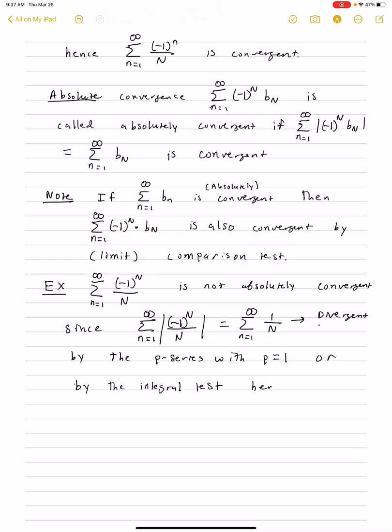And so our conclusion is this series from n equals 1 to infinity of minus 1 to the n over n is called conditionally convergent because it doesn't converge without the minus 1 to the n.